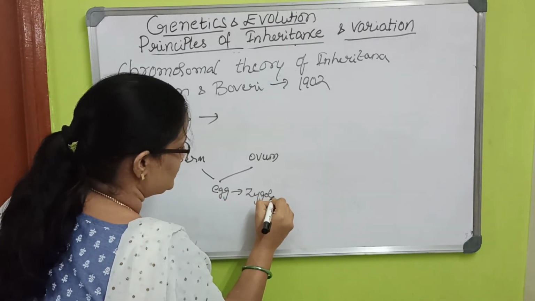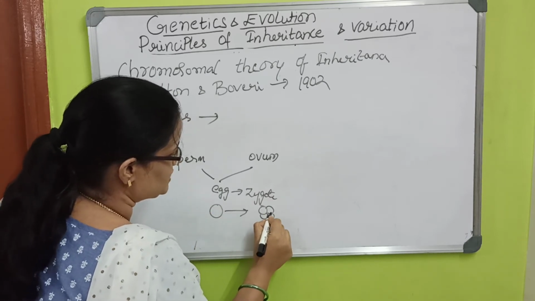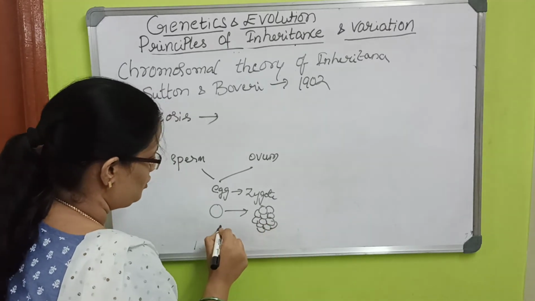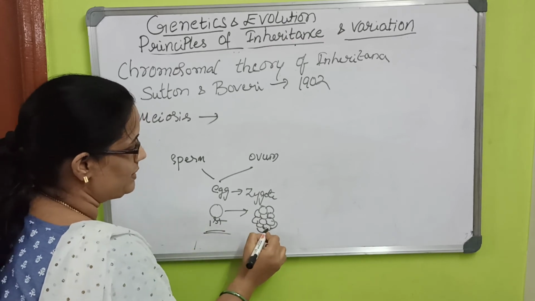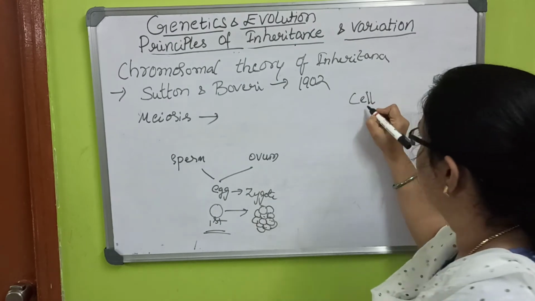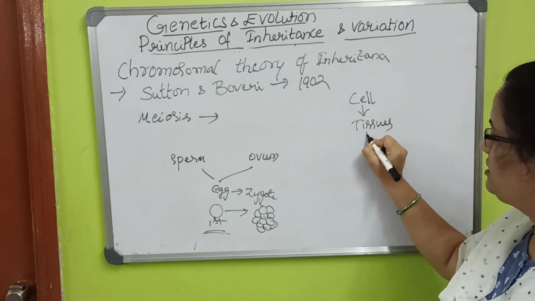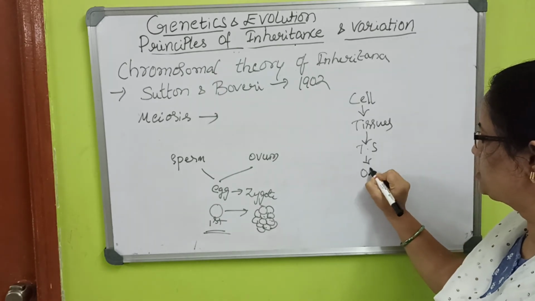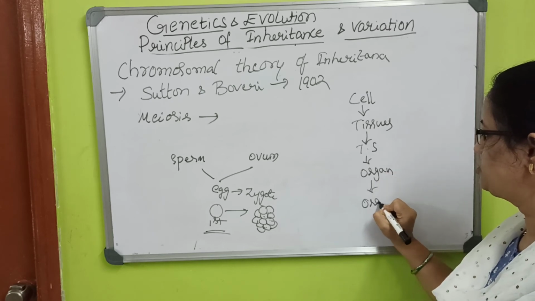When it is single celled, it then undergoes multiple divisions. From the first day of ovulation, the single cell becomes different. As you know, from cells, different tissues form, then tissue systems, then organs, organ systems and the organism.